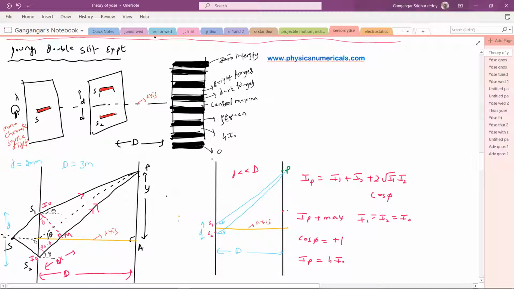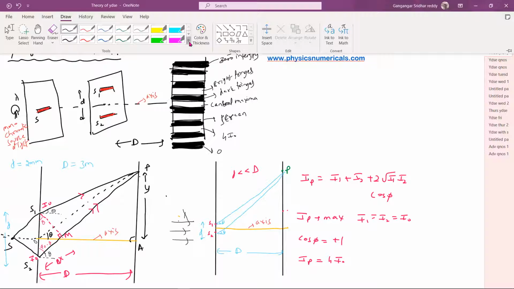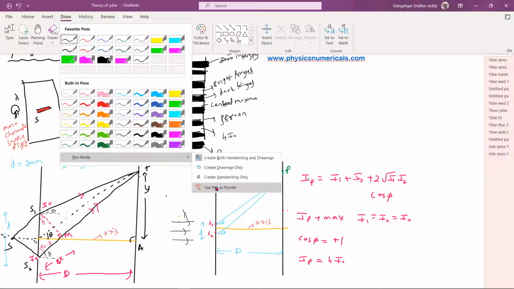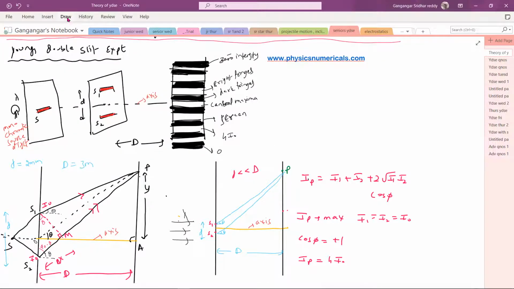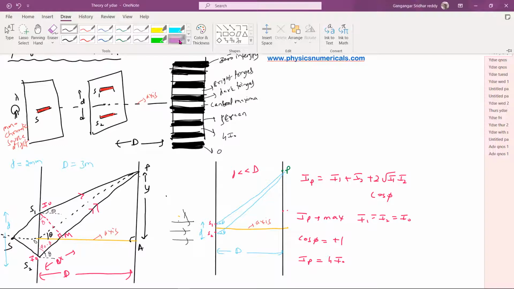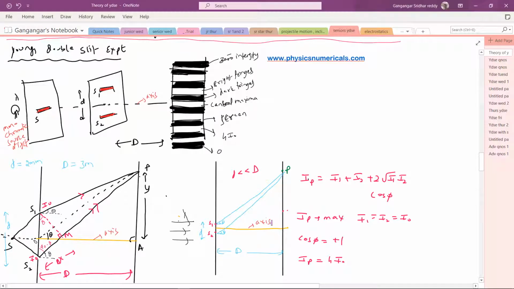Okay, there's a slit. I'll illuminate the slit with monochromatic light of wavelength lambda. These are the two slits. Let me start with one.